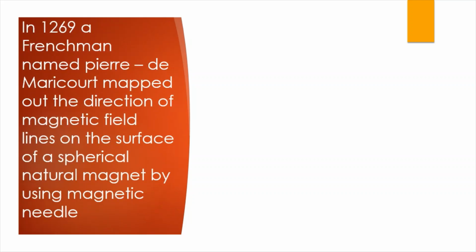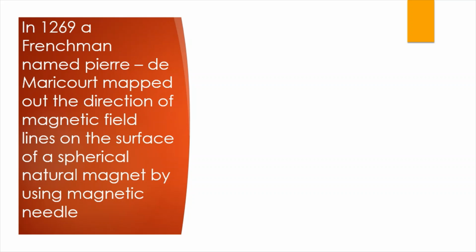In 1269, a Frenchman named Pierre de Méricourt mapped out the direction of magnetic field lines on the surface of a spherical natural magnet by using magnetic needles. What he did is he took a natural magnet in the form of a sphere and kept a magnetic needle at different positions near that spherical magnet.